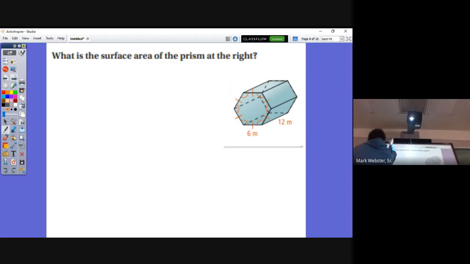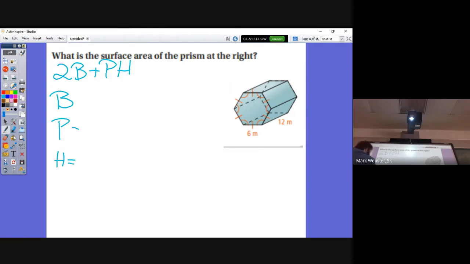So once again, let's identify all our pieces before we do anything drastic here. Here's the thing. One of these is a pain in the butt to do.